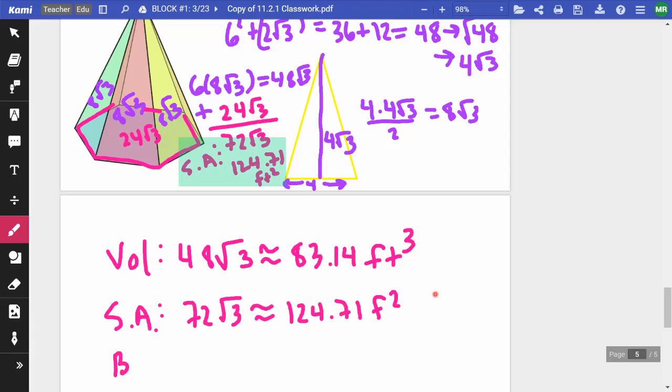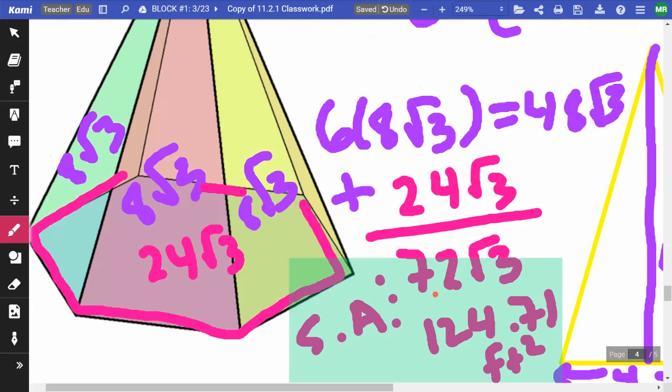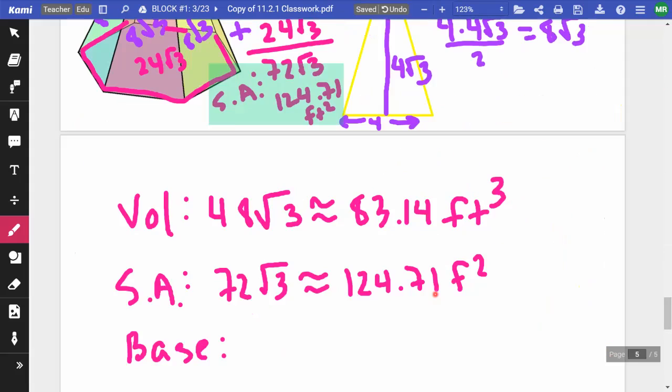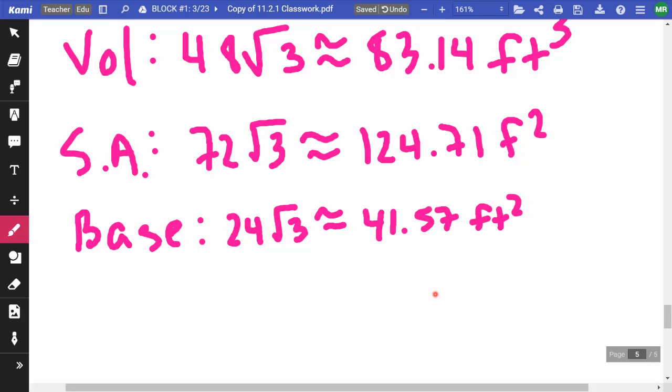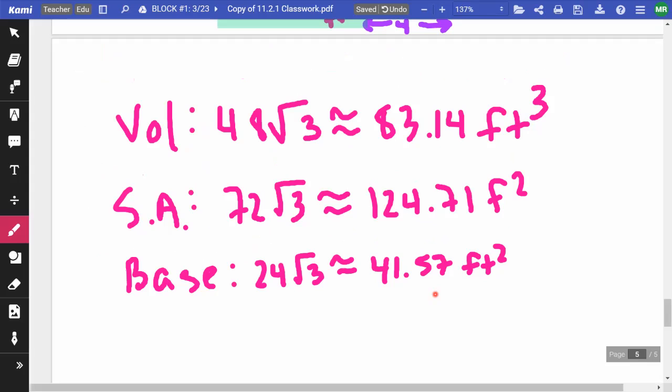And the base of the bottom of the tent is this pink hexagon, which was 24 root 3, and 24 root 3 is about 41.57 square feet.